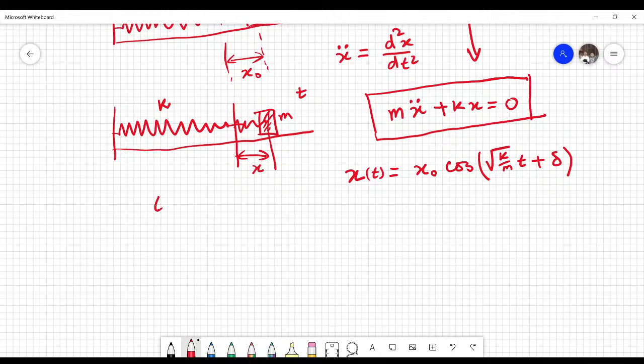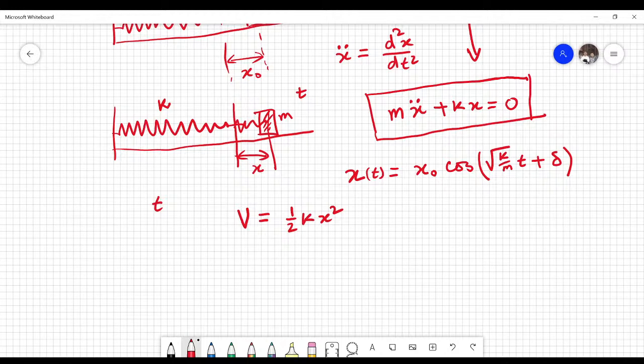At time t, the displacement of the mass m from the equilibrium point is x. So the stored potential energy in the spring would be V equals half k x squared.